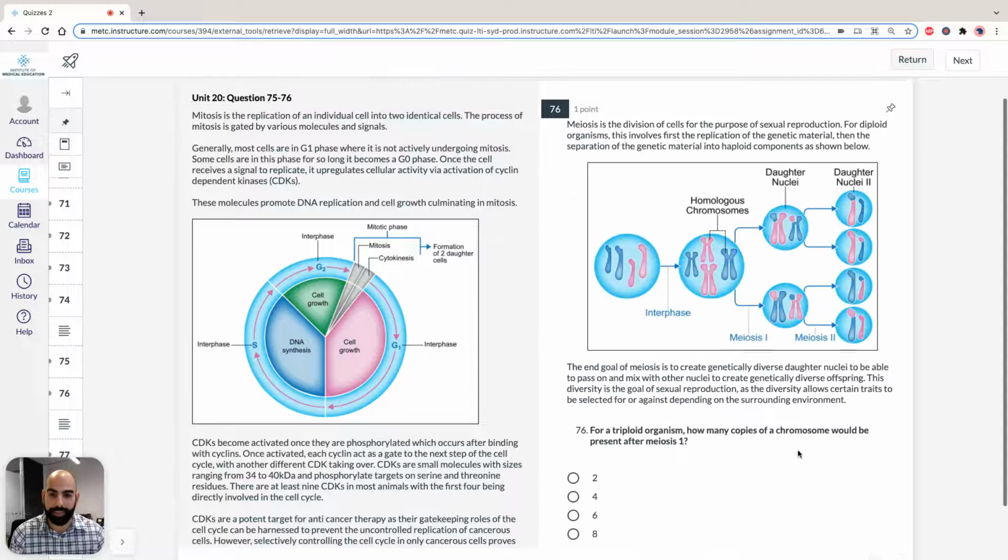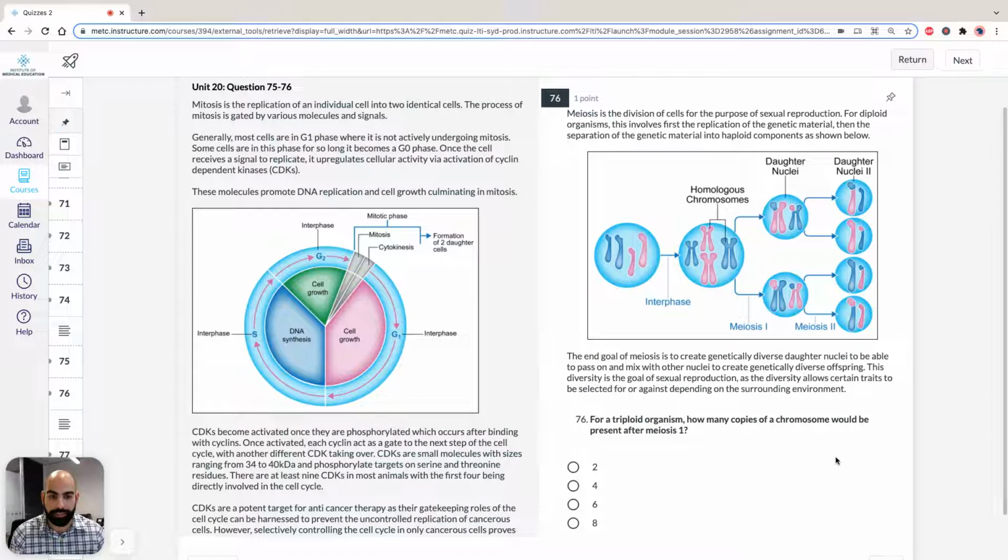Moving on to the final question, number 76, it's important to note first and foremost that the stimulus here is talking about meiosis, not mitosis. Please differentiate between the two, because mitosis produces two identical daughter cells. You can tell straight away this is meiosis because we've got four daughter cells with differing chromosomes.